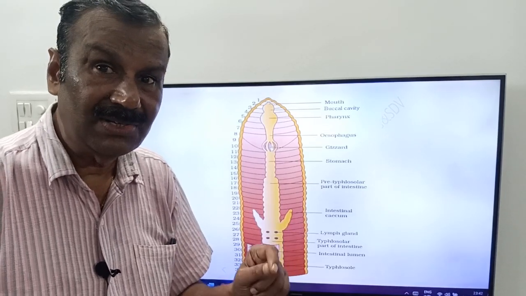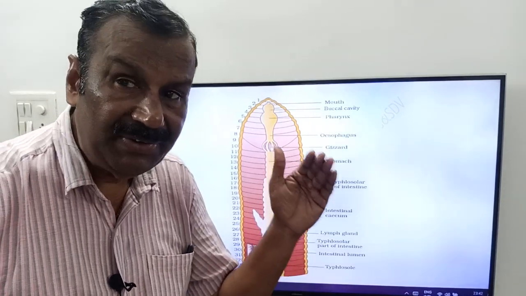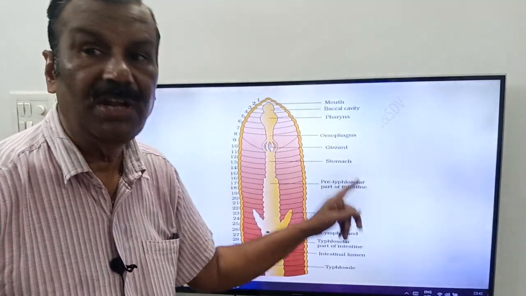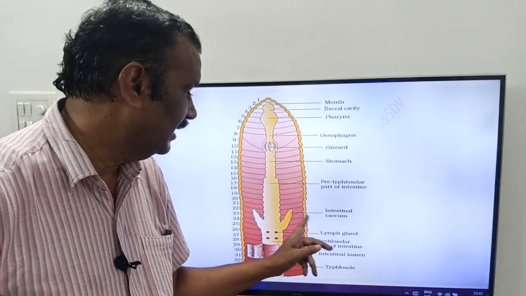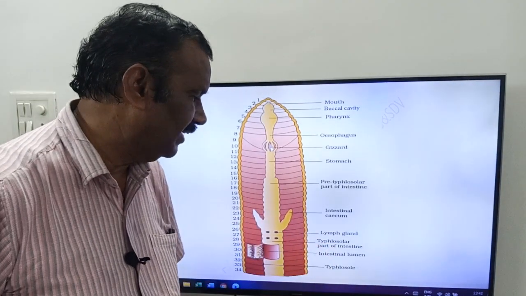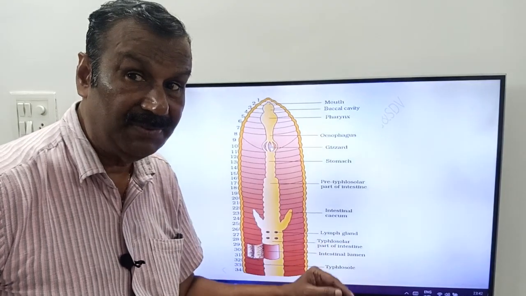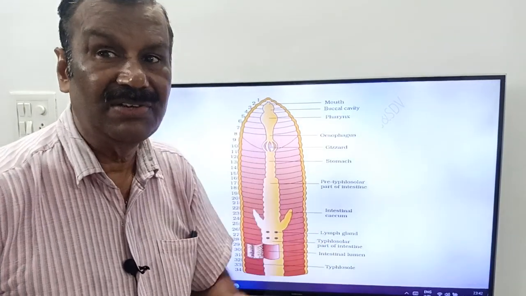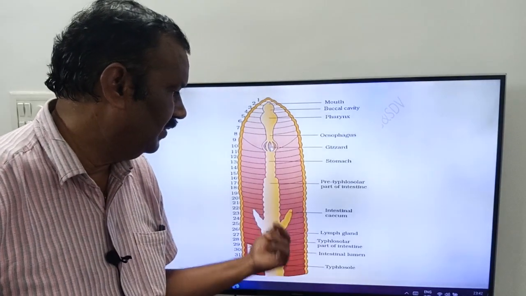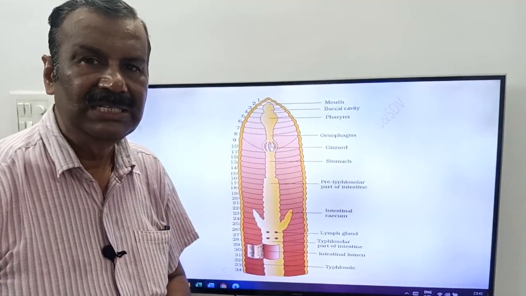Actually, the small intestine starts in the 15th segment, so the region from the 15th to 25th segment is called the pre-typhlosolar part of the intestine. Next, the typhlosolar part of the intestine is present from the 26th to the last 23rd segment.